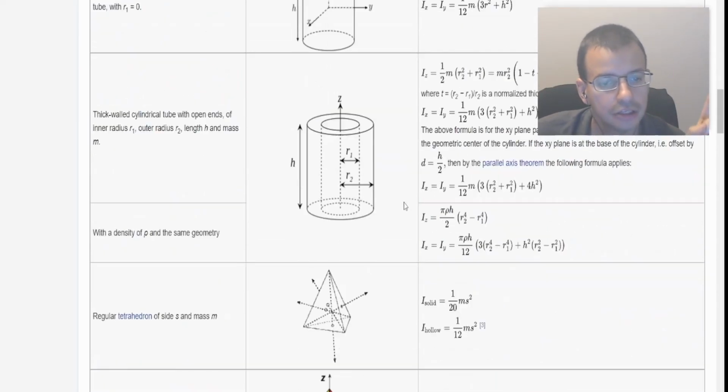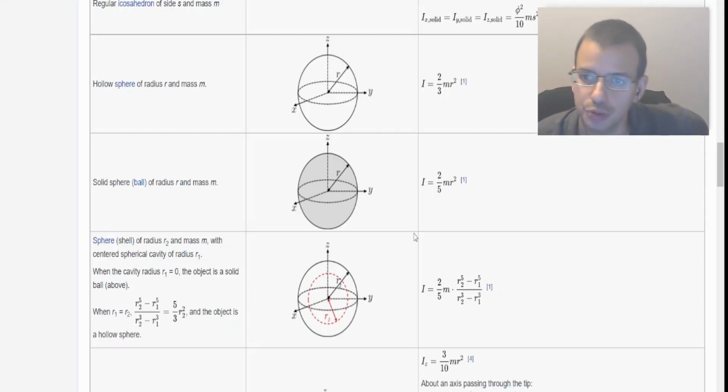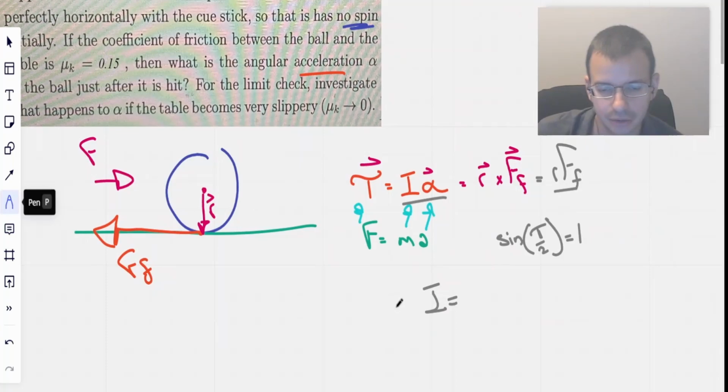It's based on the geometry of the shape that's rotating. In this case, we have a solid sphere of radius r, mass m, and that's what's going to be rotating. And so the moment of inertia is 2/5 mr squared, with its axis of rotation about the center.